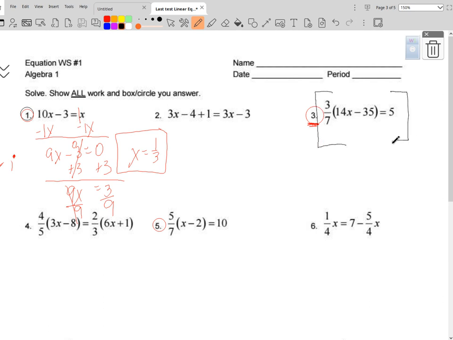What we're going to do is multiply everything by the least common multiple of our denominators. If you only have one fraction, that is the least common multiple. That's the only fraction, so we know we're going to multiply by 7. So 7 over 1. We're going to multiply that by our fraction. We do not multiply it by what's inside the parentheses because eventually that's going to be distributed later. And now we're going to multiply by the other side.